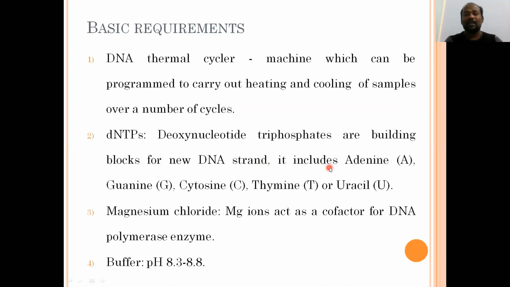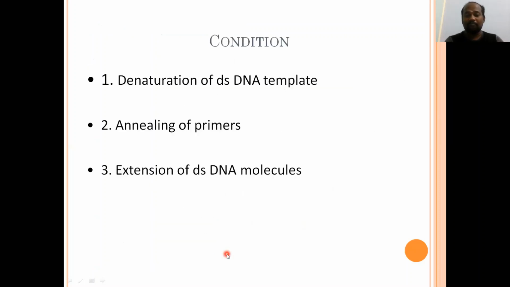They include adenine, guanine, cytosine, thymine, or uracil. Then magnesium chloride. These magnesium ions act as a cofactor for the DNA polymerase enzyme for synthesis of the new DNA strand. Finally, the buffer, with a pH around 8.3 to 8.5. So these are the basic components of the PCR reaction.